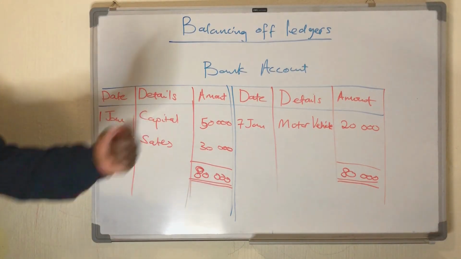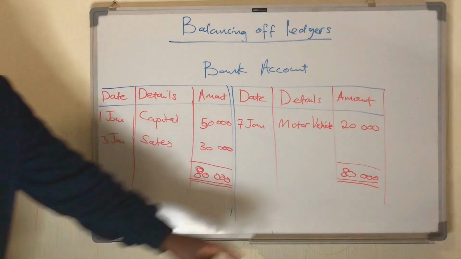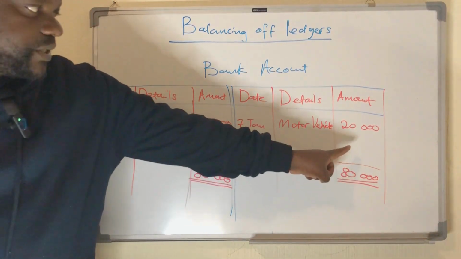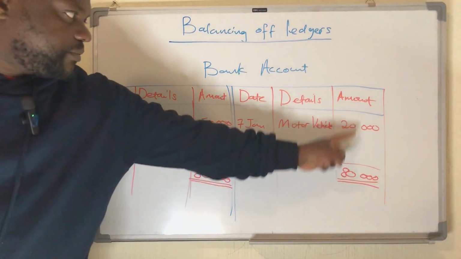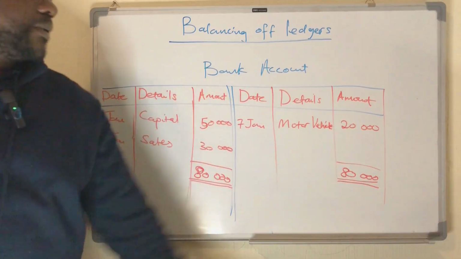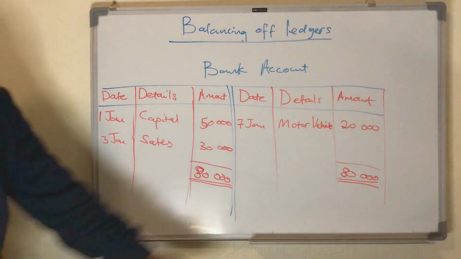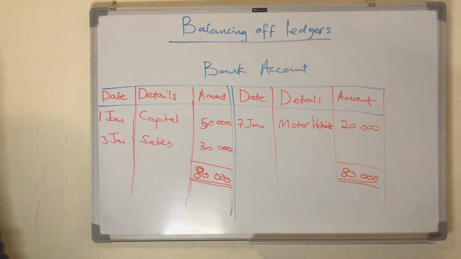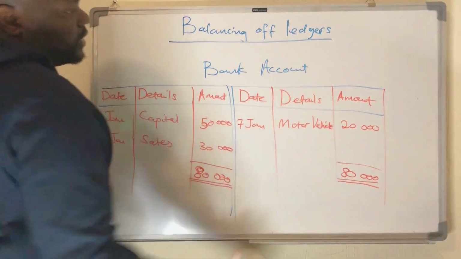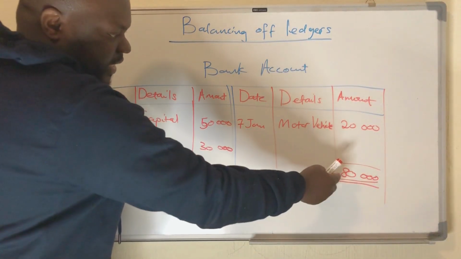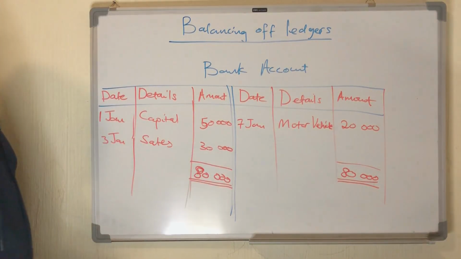Now, after we've calculated the total, the next step is to see by how much our credit side is short. Because we said the total is 80,000, but we only have 20,000 on that credit side. So by how much is our credit side short? 80,000 minus 20,000. If there were 4 or 5 transactions, 80,000 minus everything that we have on this side.